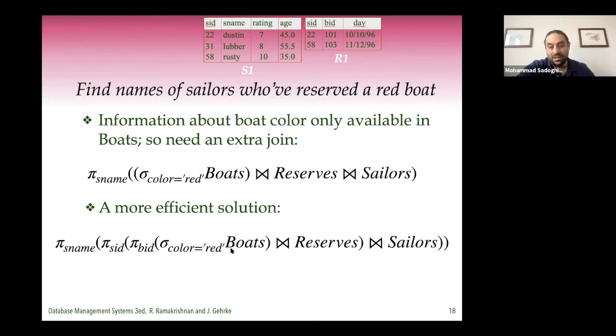You don't need to carry your boat ID after joining it with the reservation. So even the boat ID is no longer needed when you're joining with the sailor. That's another dropped column, less information being carried from one operator to another. So this will give us a more efficient query plan than the first one.